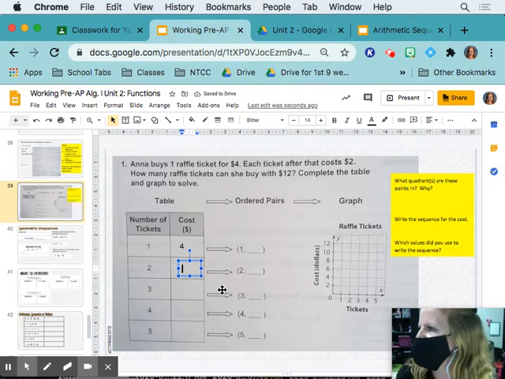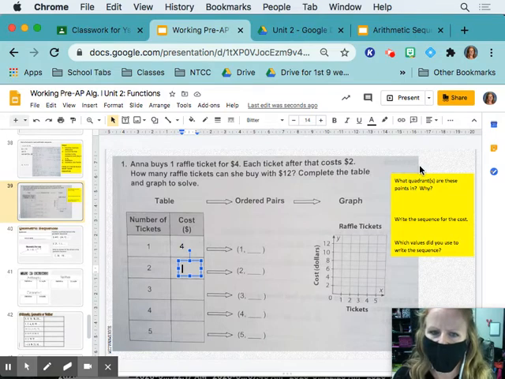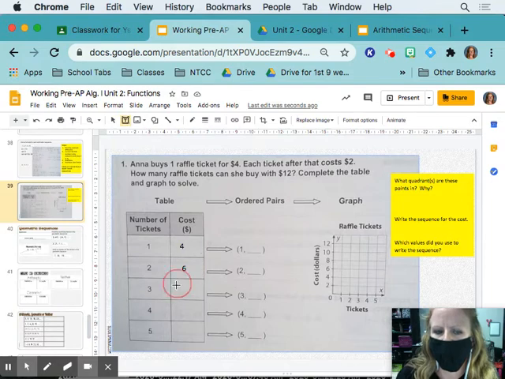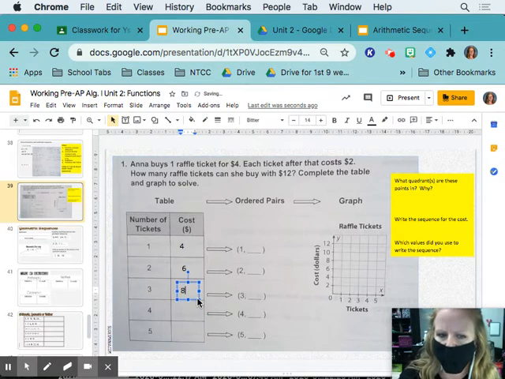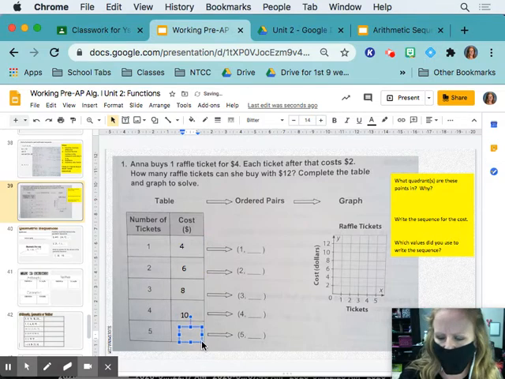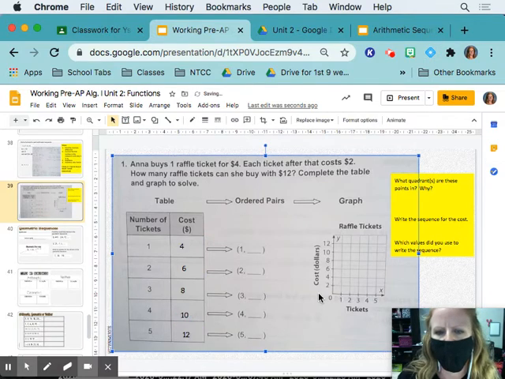For 2 tickets, how much would she pay? 6. Anna buys one raffle ticket for $4, and then each ticket after that costs $2. Okay, and then what's the next one? 8. And the next. And then the next.